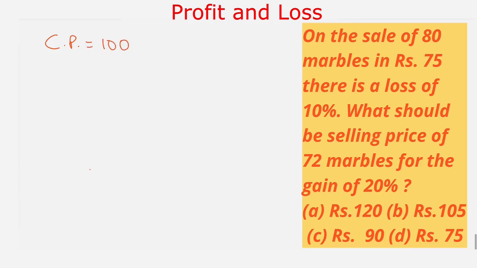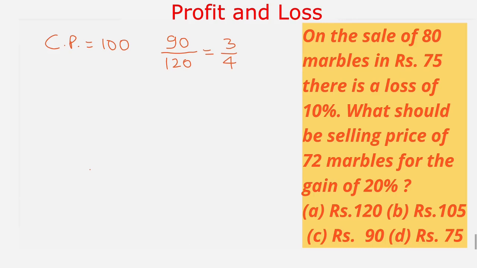Then earlier there was a loss of 10%, so the amount becomes 90, 100 minus 10 is 90. And later there is a profit of 20%, then the amount becomes 100 plus 20, which is 120. This is the ratio of amount. This is equal to 90 upon 120, which is 3 upon 4 or 3:4.